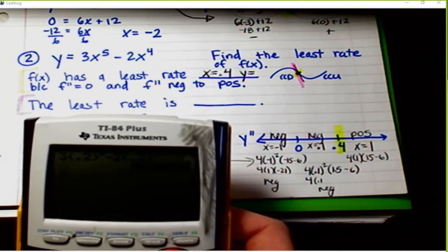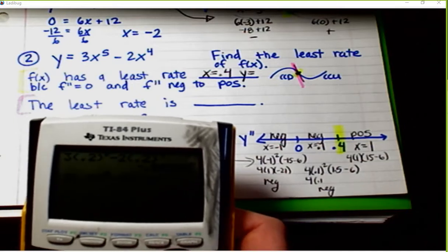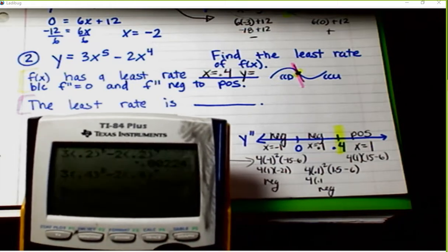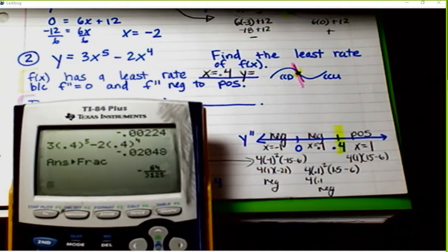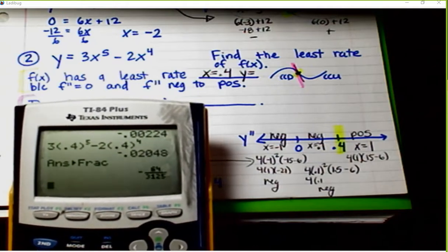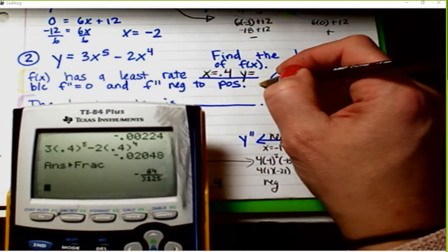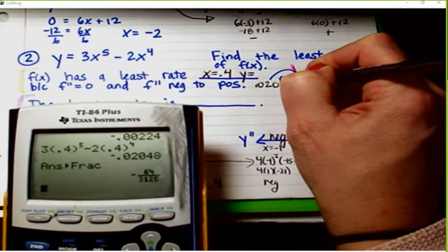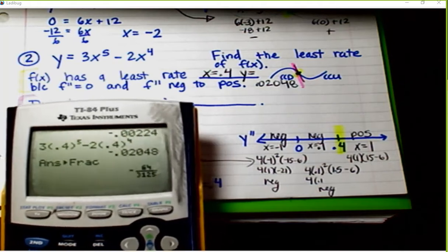So you could type the decimal or you could do the fraction. Okay, 0.02048. So that's a really small point. That's fine.